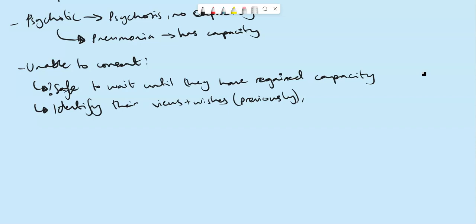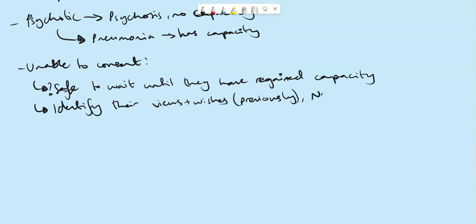They said, I don't want to put my family through all this. I understand that if I don't get treated I'll die, etc. So they show at the time they understand the pros and cons of being treated for cancer, but then they get dementia. If you find that later, when they have the dementia, you find they've written this, and let's say the dementia is so bad that you're not expecting them to have capacity at any point in the future, then you can go off that.